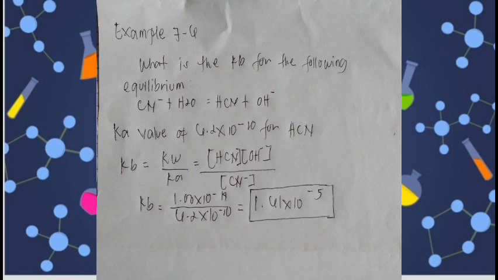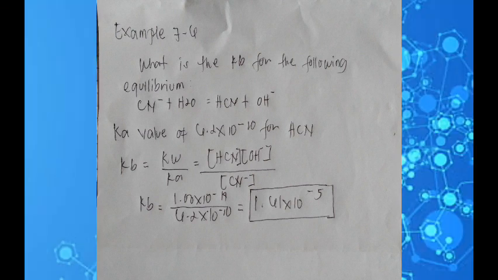So let's proceed to the example 7.6, which is what is the Kb for the following equilibrium: CN negative plus H2O equals to HCN plus OH negative.